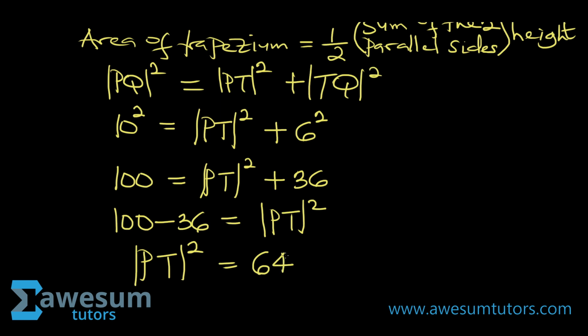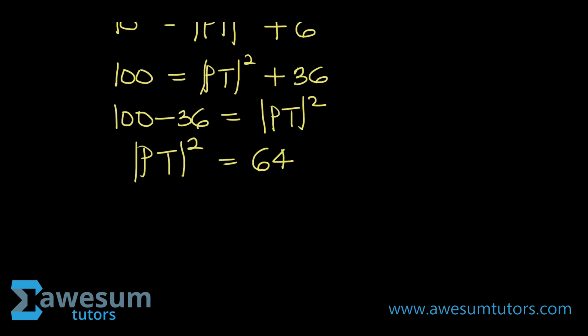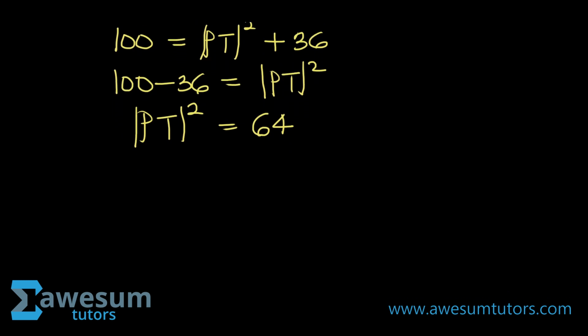Very good, guys. Now, to find PT, because this is squared, you take the square root of both sides. So the square root of PT squared gives you PT.